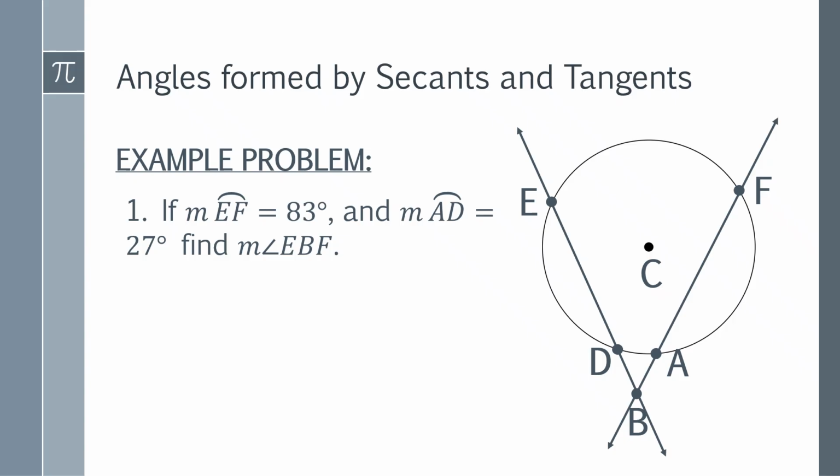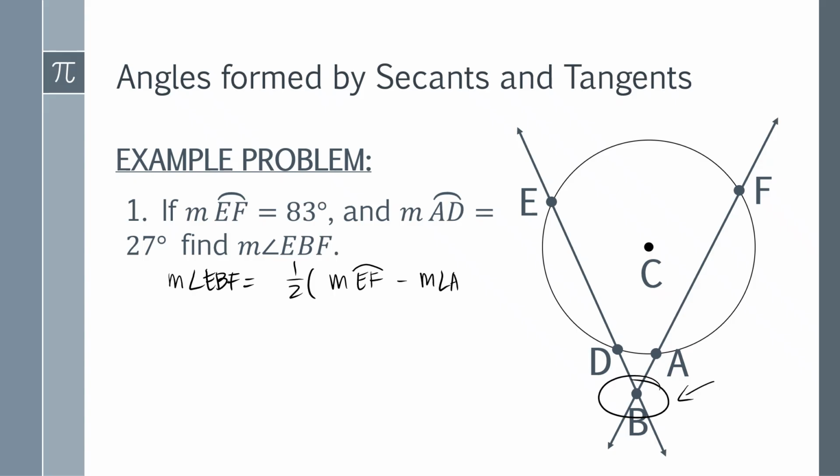So here's the thing. Since the intersection is outside the circle, their arcs should be subtracted. Therefore, the measure of angle EBF is actually equal to half of the measure of arc EF, sorry, arc EF, minus arc AD.